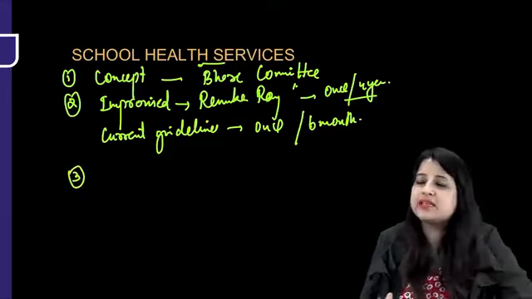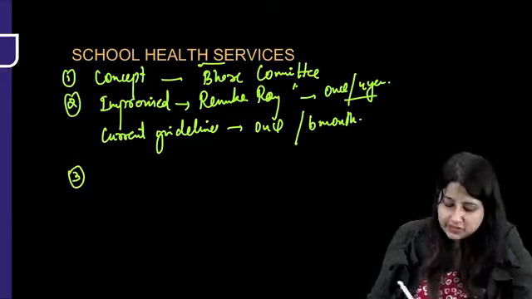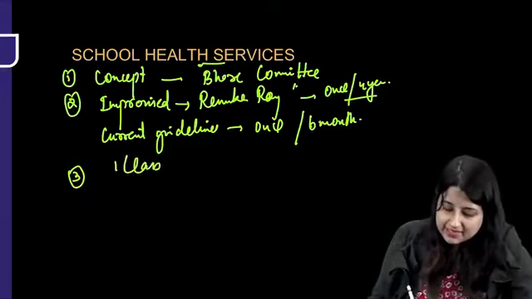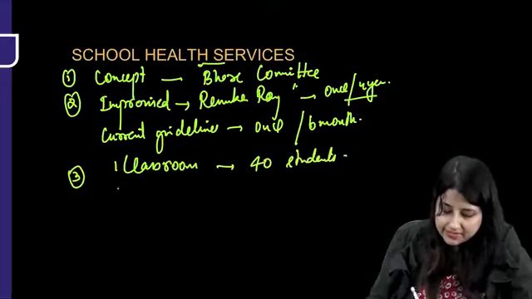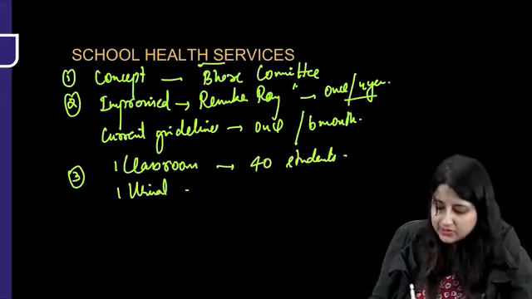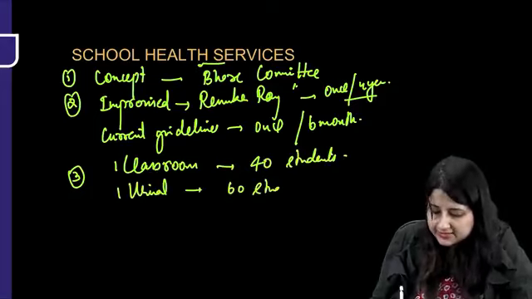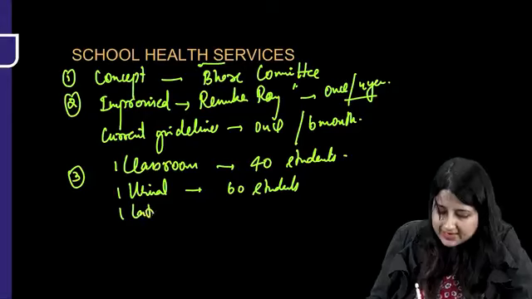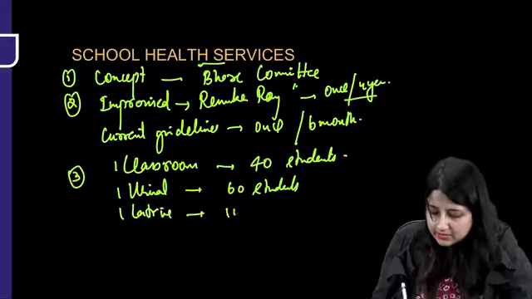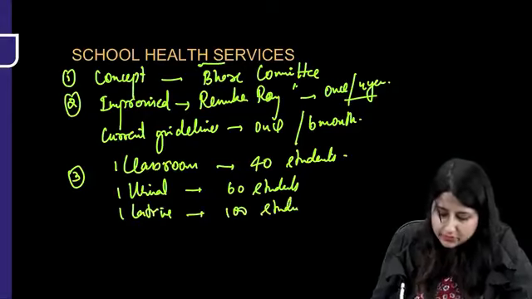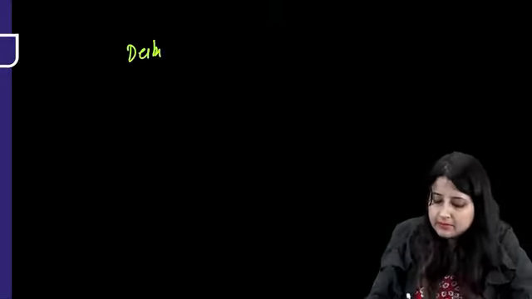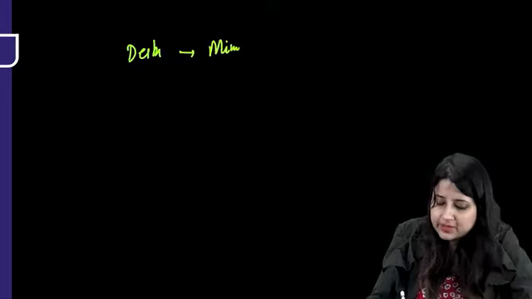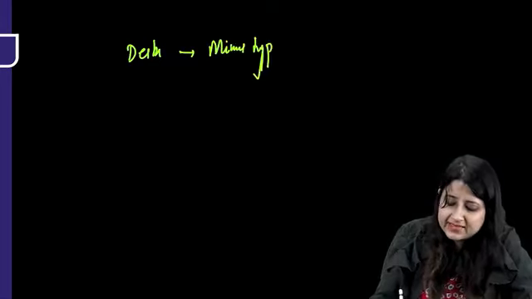Detailing you can see from the main lecture, but certain important things are that one classroom can accommodate up to 40 students. One urinal is present for 60 students. One latrine for 100 students. Desks provided should be minus type.